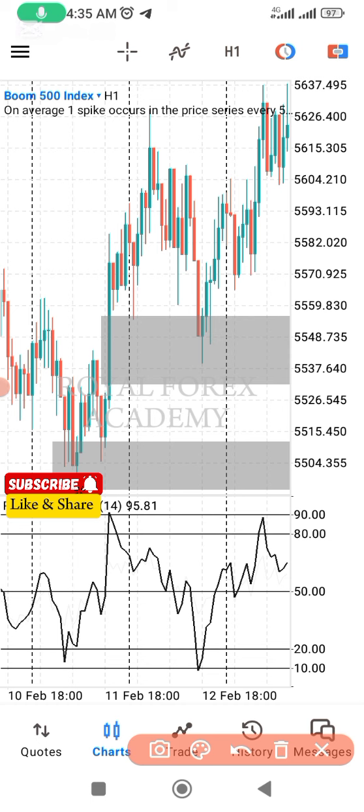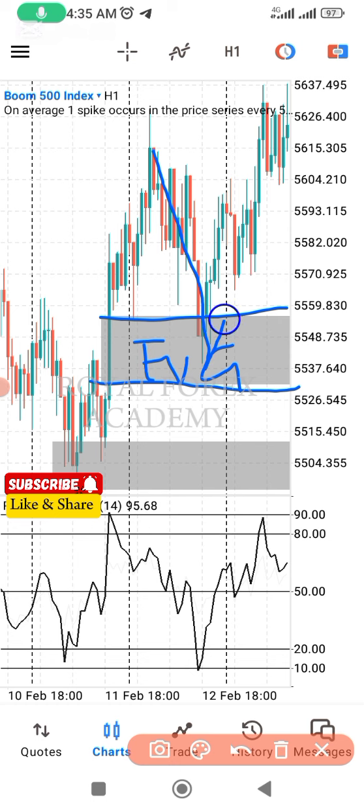Price went all the way here and then came back, filling into this particular fair value gap that we are having here. You can see it, price filled into it, and immediately we have that beautiful reversal which pulled price back to the upside.